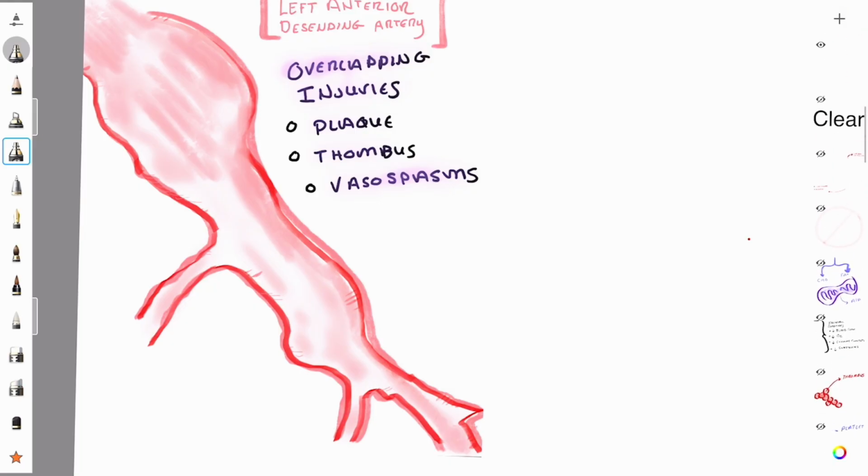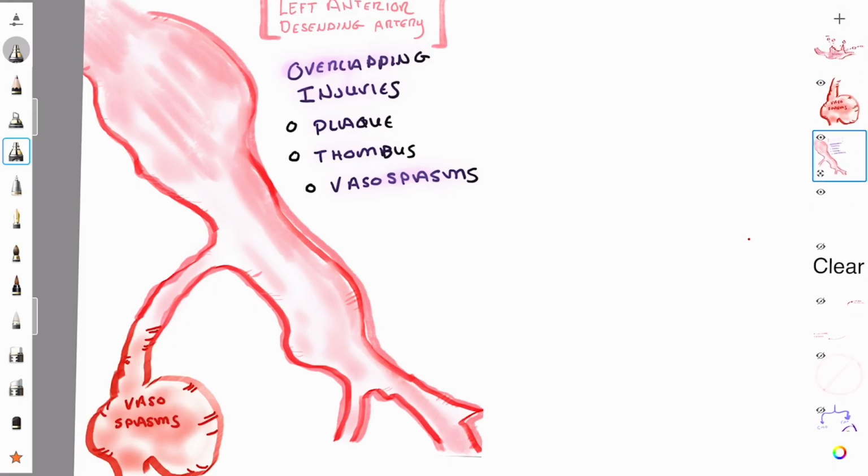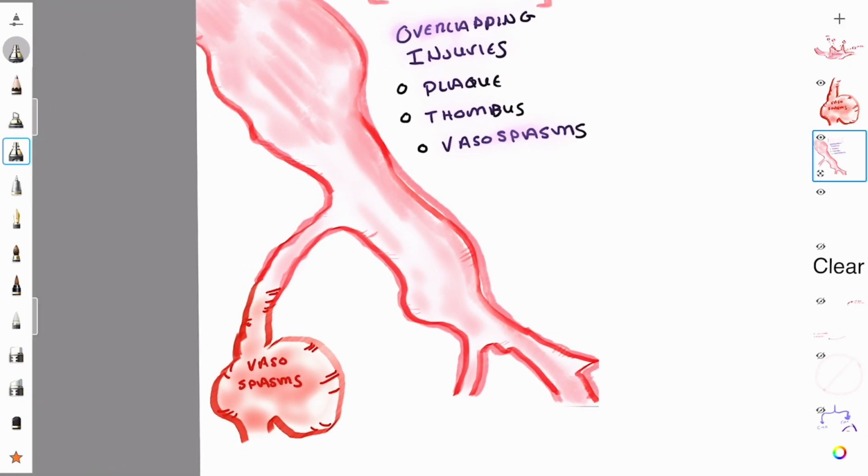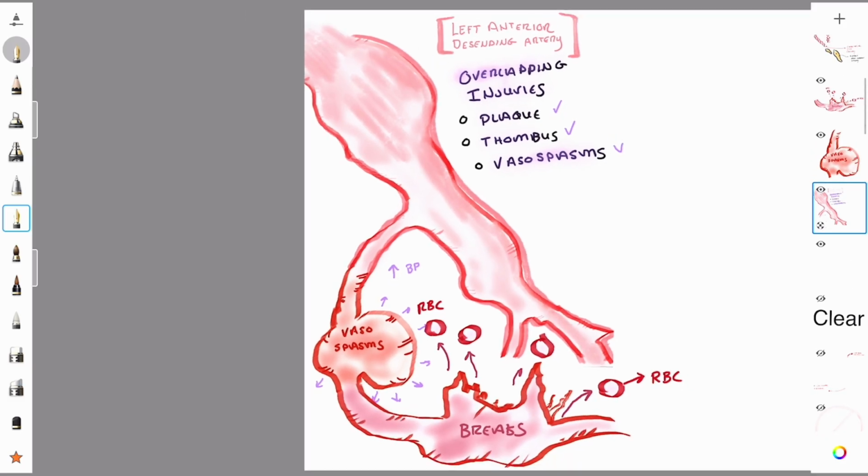So what is a vasospasm? Well, if we look at another descending branch of one of the arteries, we can see here that we begin to get this swelling of one of the arteries, right? And this swelling is not a good thing, because when we have plaque, thrombus, vasospasms, and then increases in blood pressure, that makes this vasospasm very dangerous, because what can happen is this can rupture.